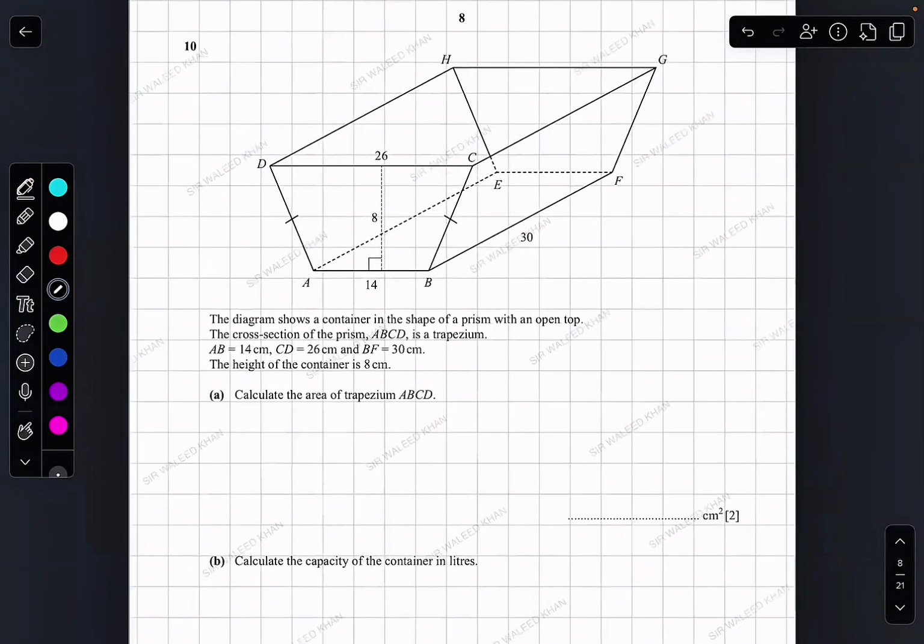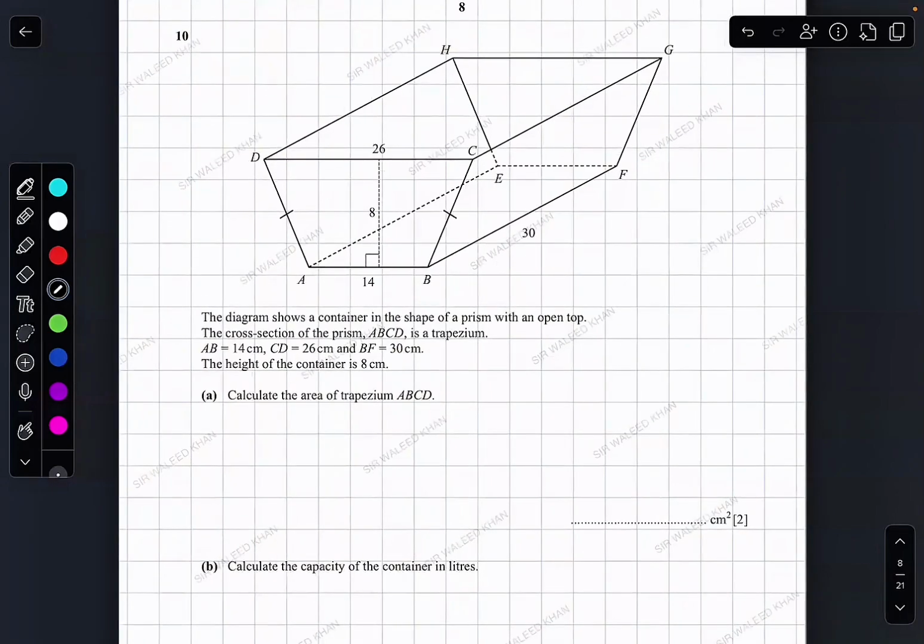Mobile calculators, anything. The diagram shows a container in the shape of a prism with an open top. Open top, just highlight it so that you don't get confused or forget what they are saying about the shape. The cross section of the prism ABCD is a trapezium. Whenever they say cross section, it means that if I cut this shape from the top, I will always get a 2D shape, which is a trapezium.